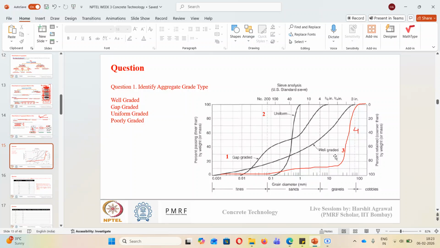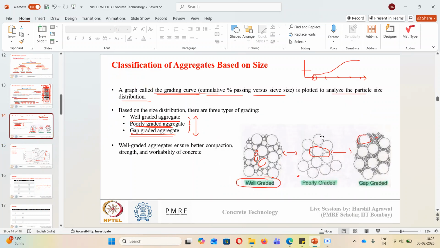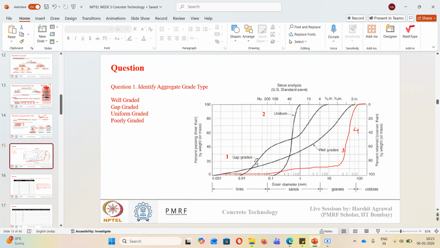And the fourth one will be poorly graded. Why? Because you can see there is a very small portion of aggregate up till here, and then there is a shoot. So this means that very big coarse aggregates are there. The maximum portion of the aggregates are these very big coarser aggregates, while finer aggregates are very low in quantity. So that's why it is poorly graded. You need to be careful between 2 and 4.